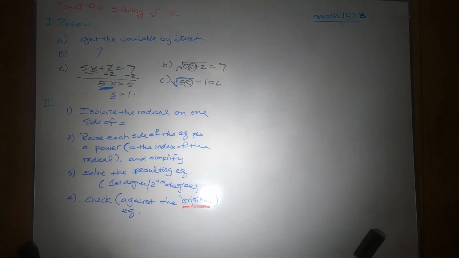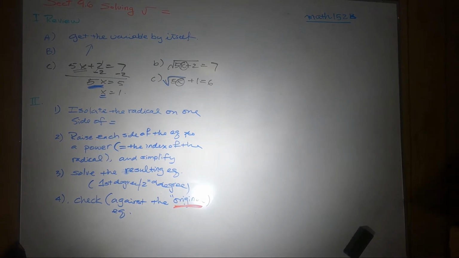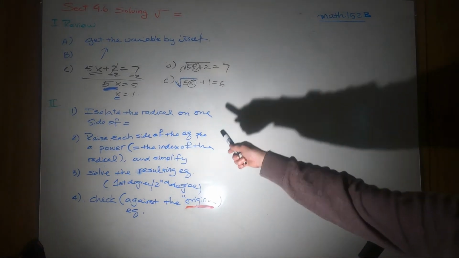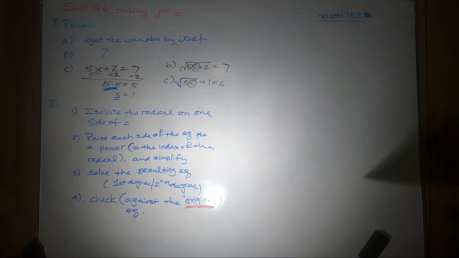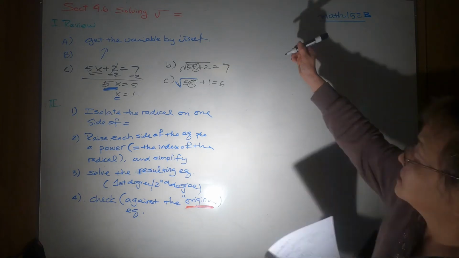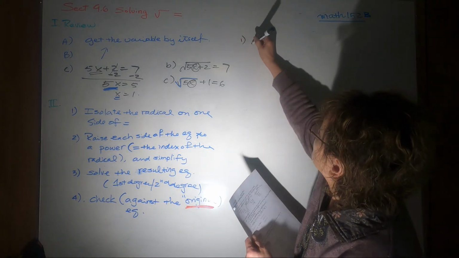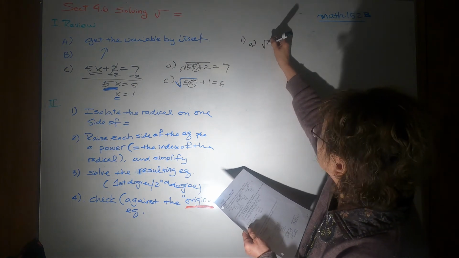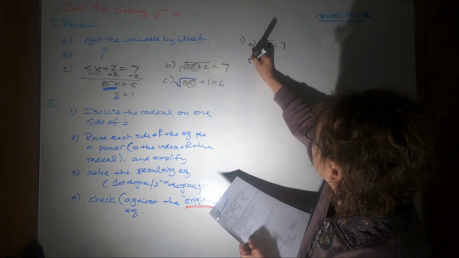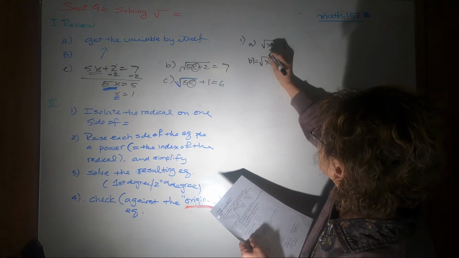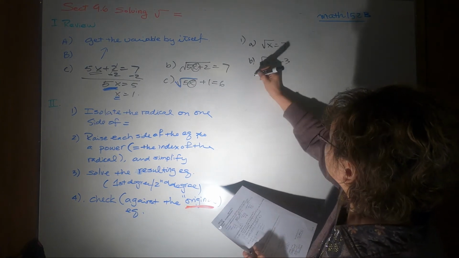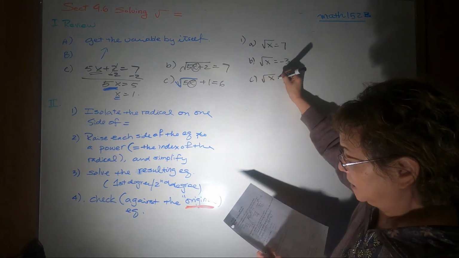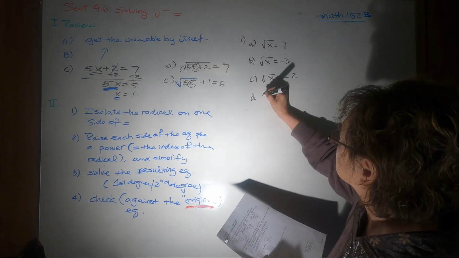Okay, so let's see some examples, then follow the steps as such. If we have this one, square root of x is 7, right? Square root of x equals -3, or just start from a simple one first.